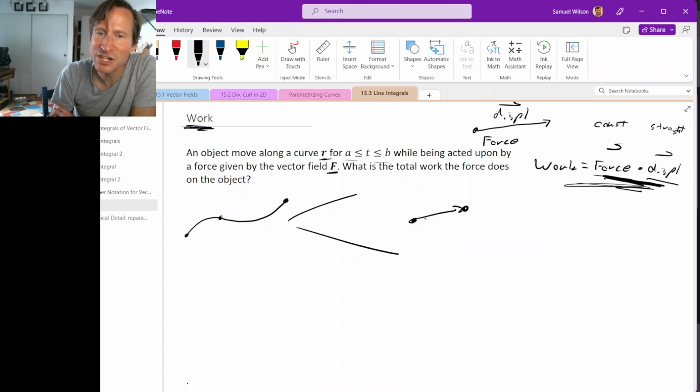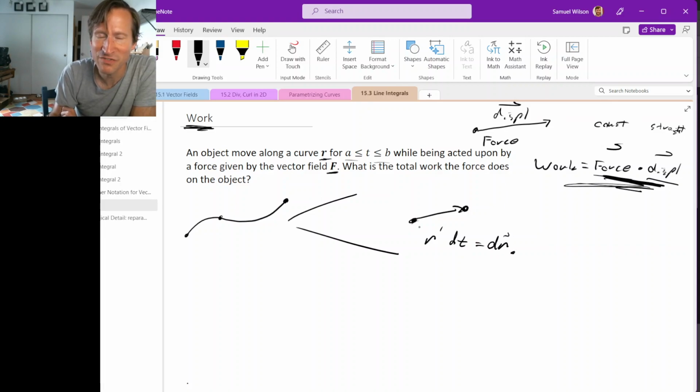Well, if we imagine that it takes some infinitely small amount of time to get from one point to the next, time has elapsed, dt, and we need to multiply that by the velocity to figure out what this displacement is, right? So the displacement is velocity times time, and the velocity, that's r prime. So this displacement is r prime dt. Notice that this is actually just dr, right?